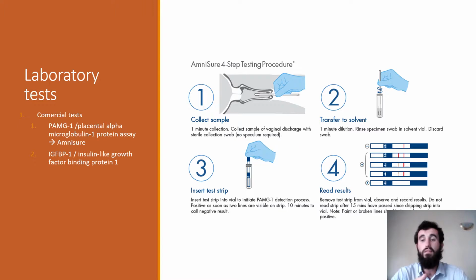It's the same that we do for the pregnancy test or the urine dipstick, and then we have to read the results. If, as in the image, we see 2 sticks, it is positive, and it means that the secretion we collected has this protein that is coming from the amniotic fluid.